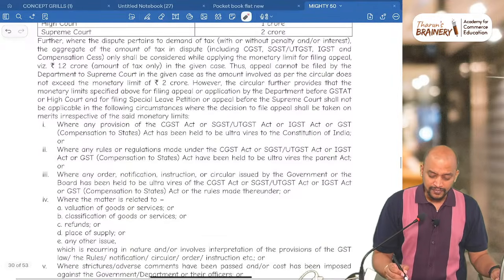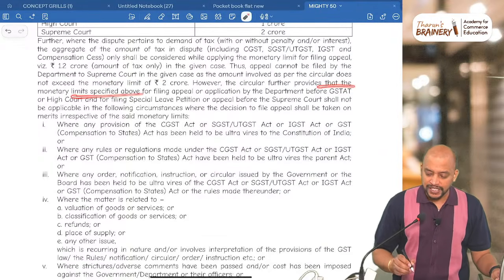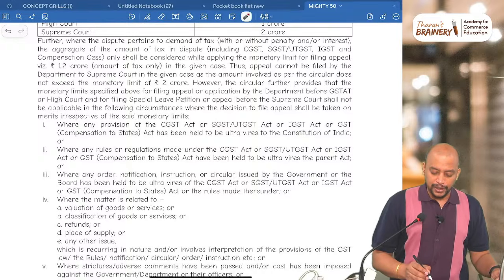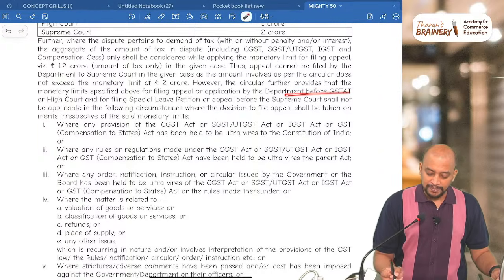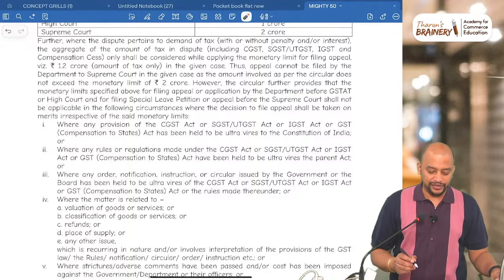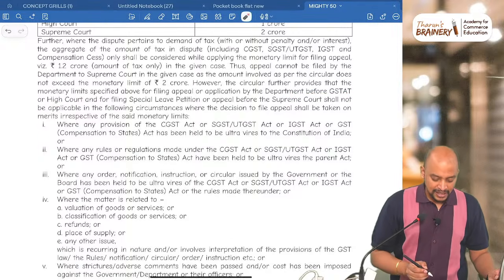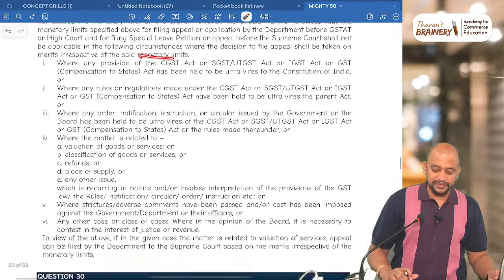However, there are certain monetary limits specified. So above, for filing appeal or application by the department before the GST High Court, for filing special petition or appeal, irrespective of the monetary limits, that we need to write. What is that?